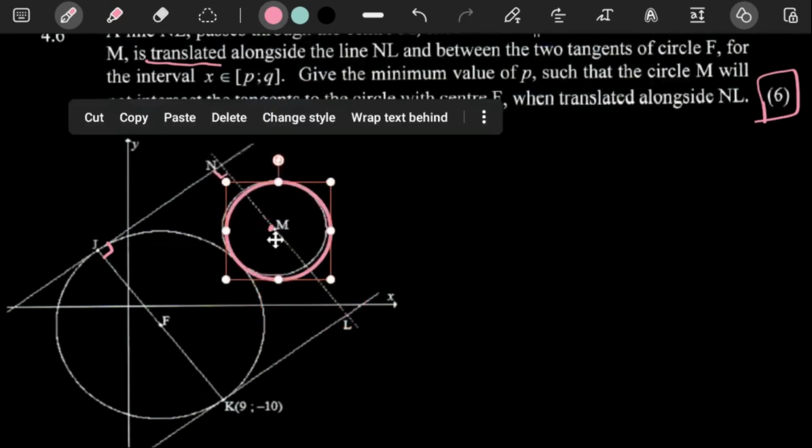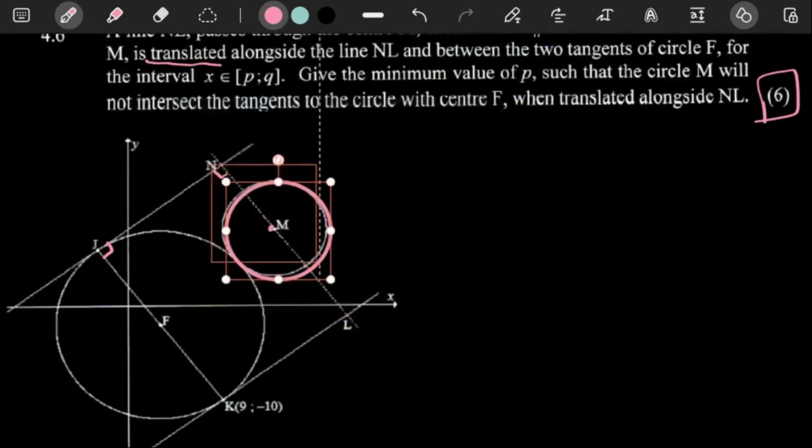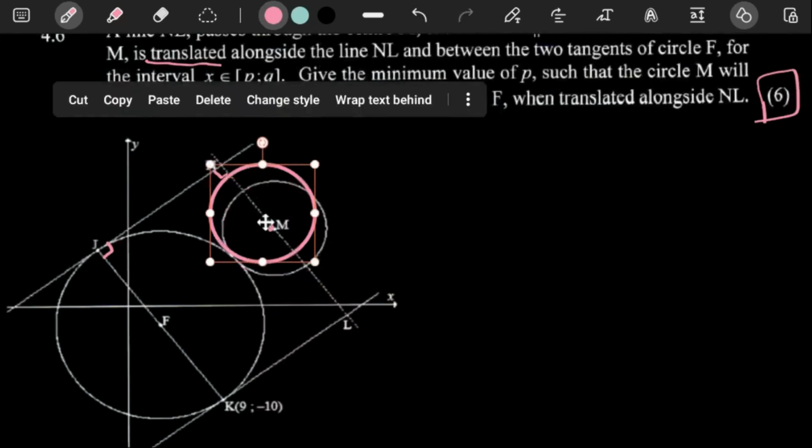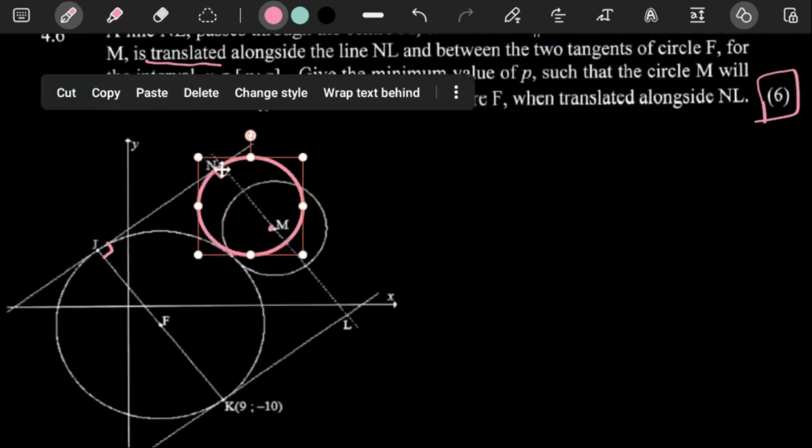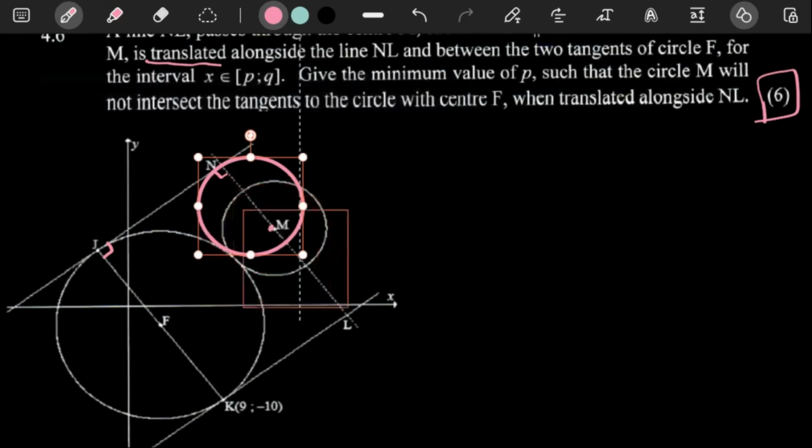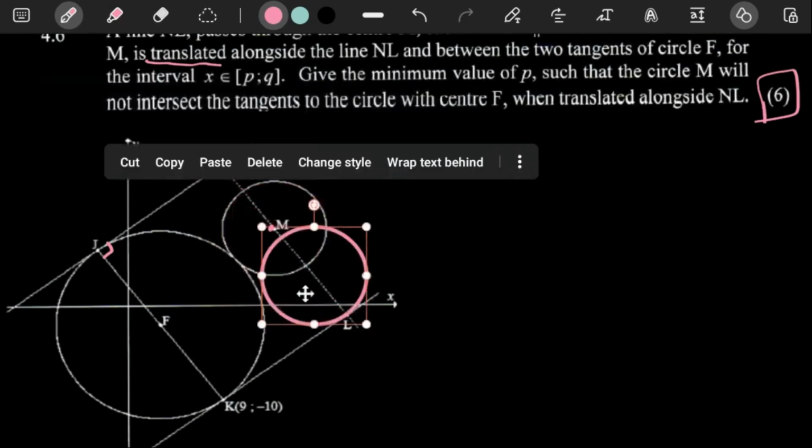The easiest thing is you just want to think to yourself, if your circle is all the way here, what will be the x value that it would have been moved to the left? And then if it's somewhere down here, you want to ask yourself what would be the x value that it will have.